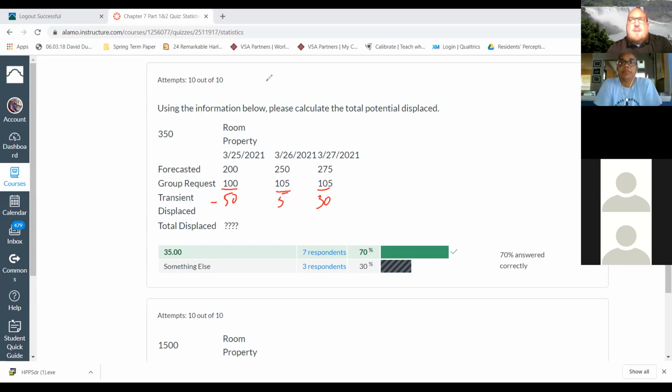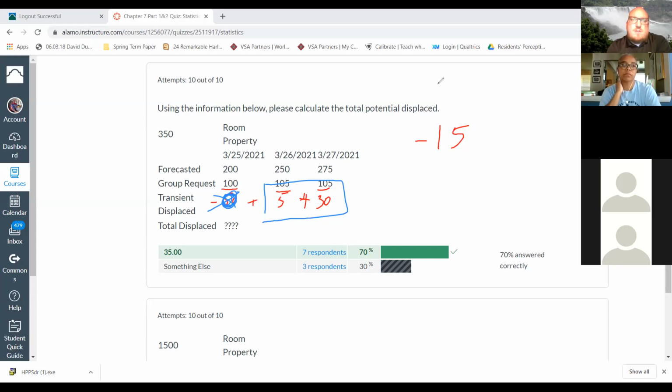Okay. Now, a couple of students have reached out to ask me how to solve this one. I think some of the potential answers were negative 15 because they just simply added all the way across. But remember, when there's a negative number, that means we're not displacing anybody. And so go ahead and write over that and just do 0, or simply cross it out and only focus on what is positive.